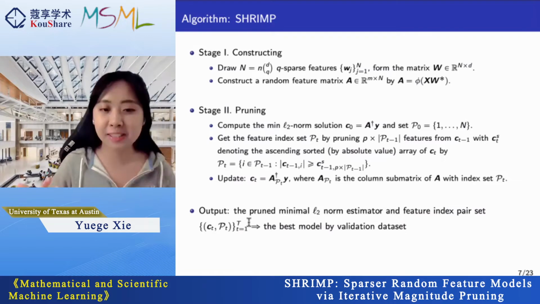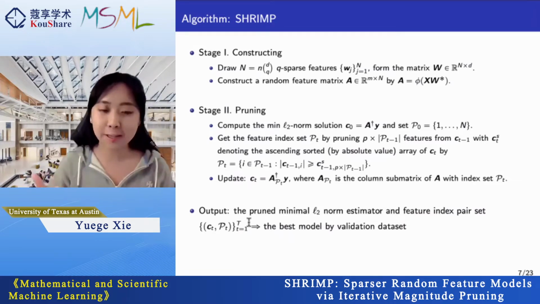The question is, after getting those solution sets, how can we choose the model we want from the pruned sets? Will it have similar or even better performance than the original large model?